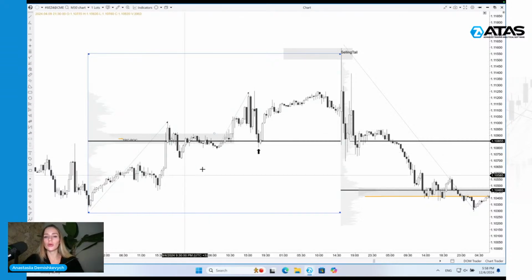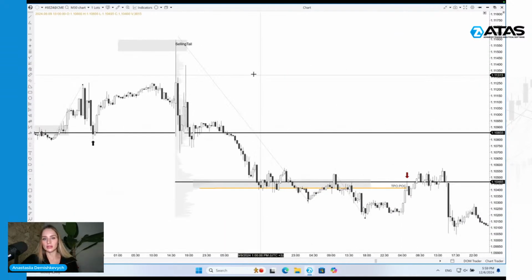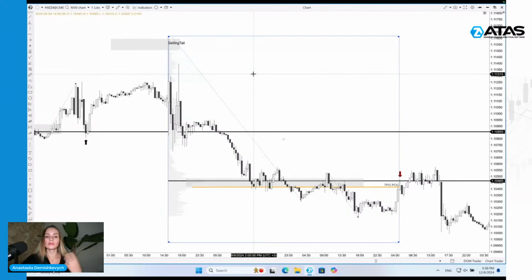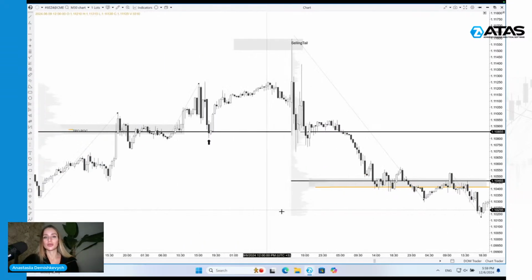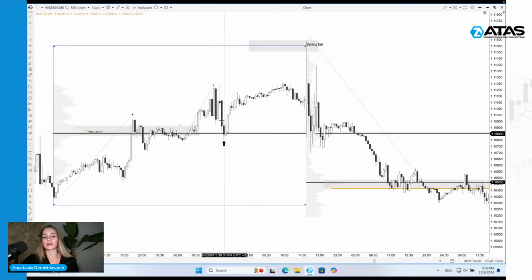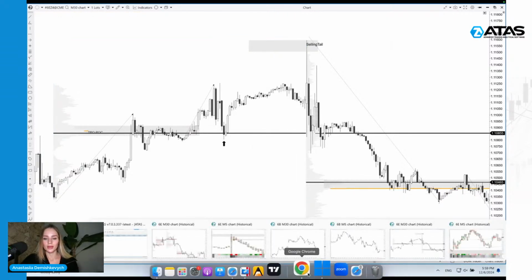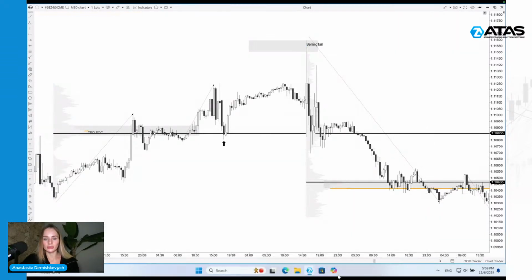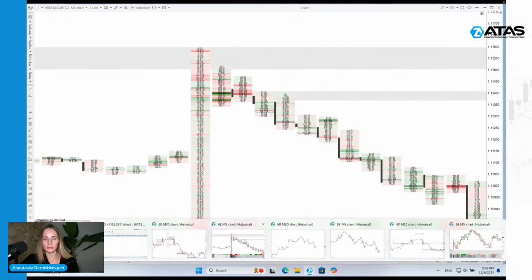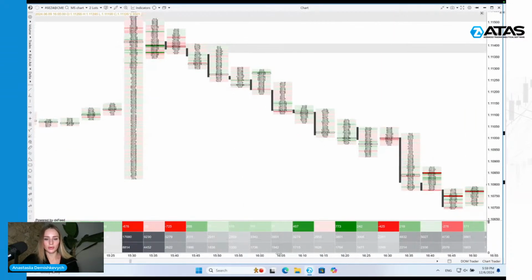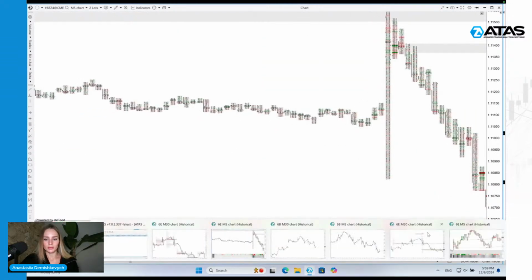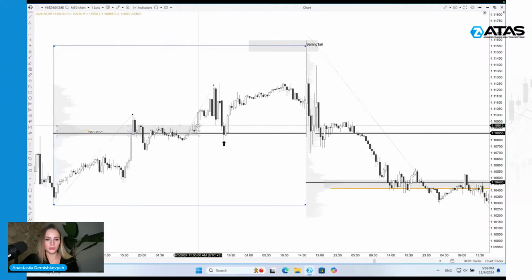So once you've confirmed the high volume node, the price is away from the high volume node, above it for a buy, or below it for a sell, we go into the footprint to examine deltas and the market behavior when the price comes back to the high volume node. So let's go into the footprint. We are still here, so that's perfect.